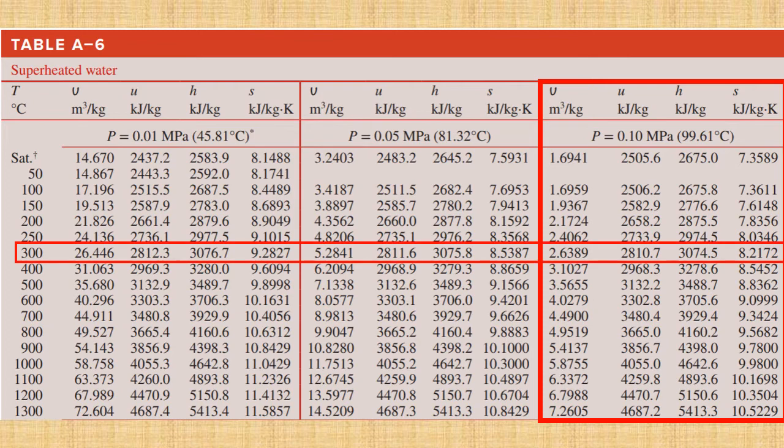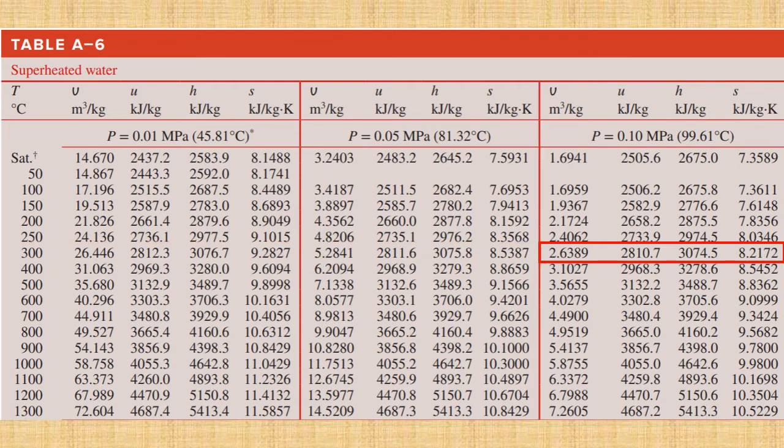The intersection of the box and the row, shown here, contain the specific properties for water at 100 kilopascals and 300 degrees Celsius. These are the specific volume, specific internal energy, specific enthalpy, and specific entropy. With the knowledge we now have, let's try some example questions.